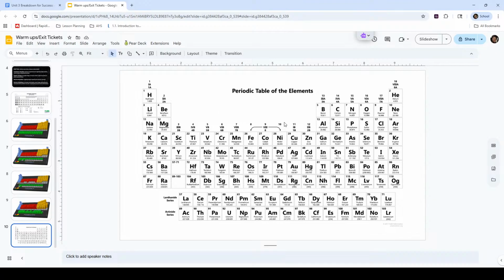The elements that are closest to the noble gases, so they're on the other side of the periodic table, but lithium is really close to helium because helium's number 2, lithium's number 3. Sodium's really close to neon. Neon's number 10, sodium's number 11. These guys are the most reactive group on the periodic table.